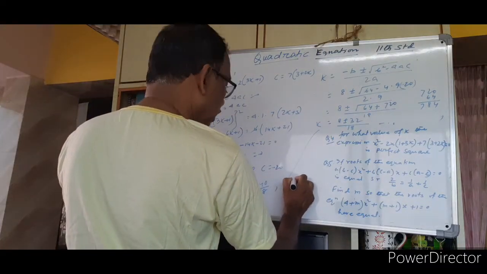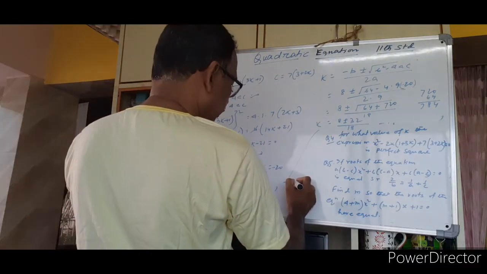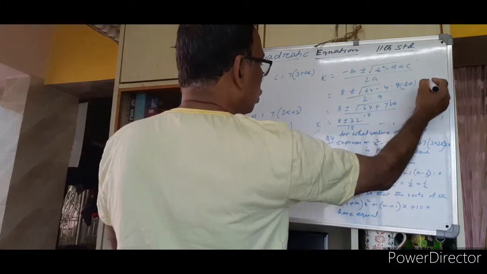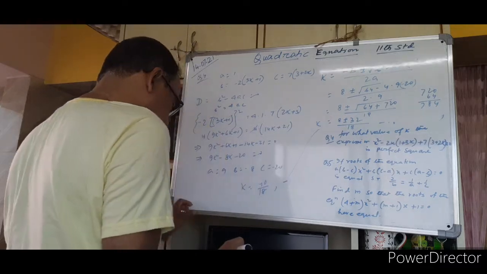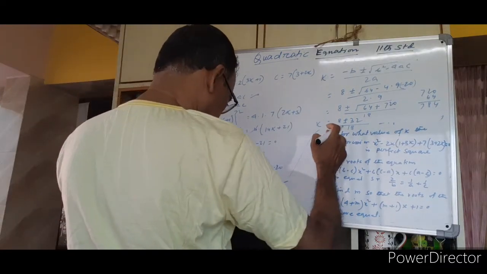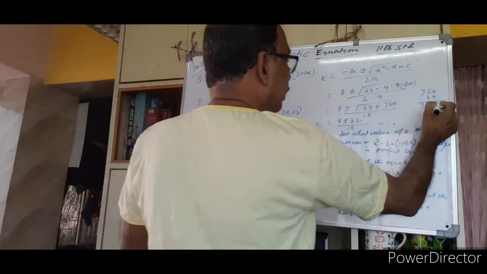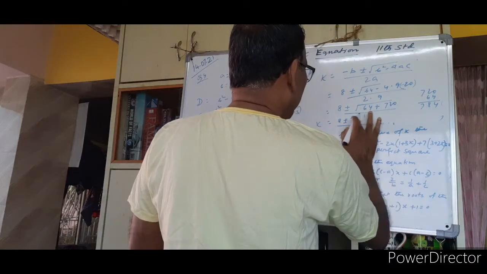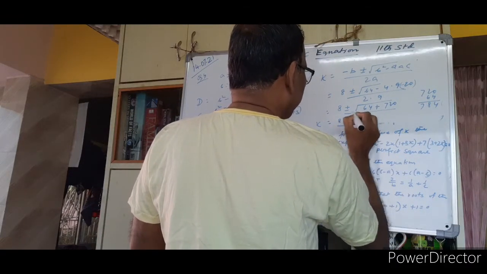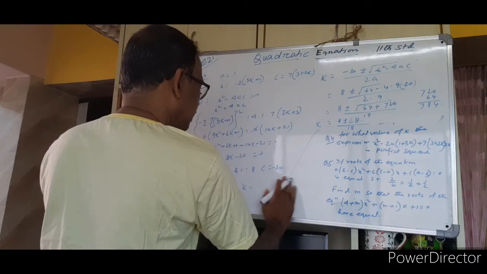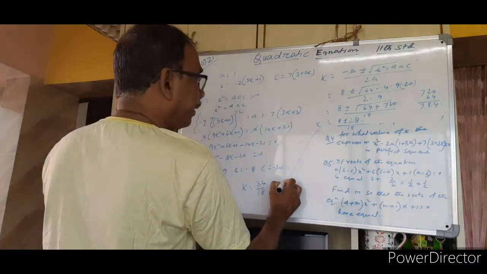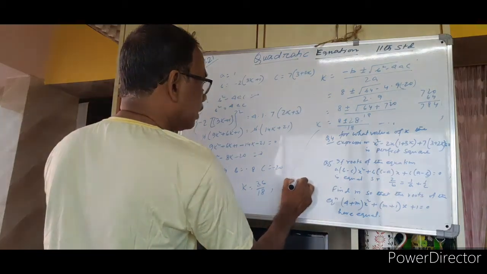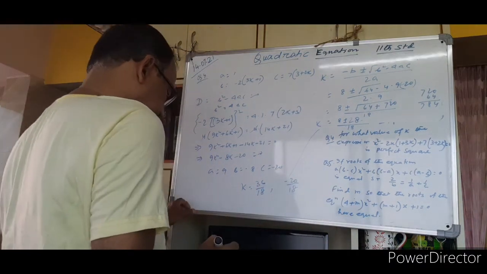minus 32, it is here 7 is 28, this square root is 28, that is 36 by 18 and minus 20 by 18.